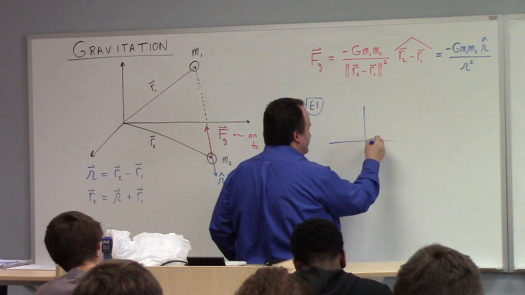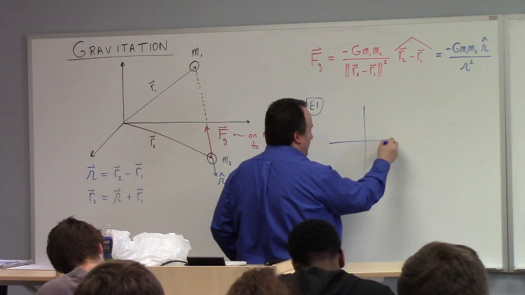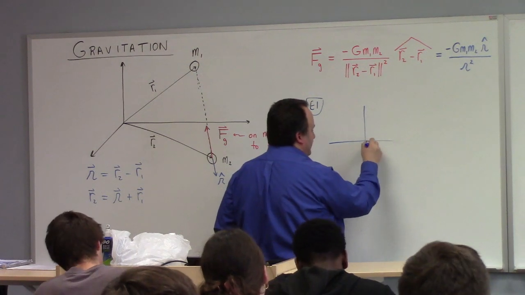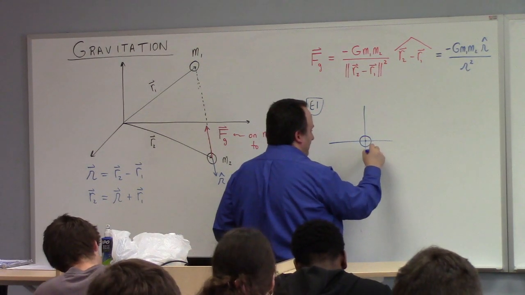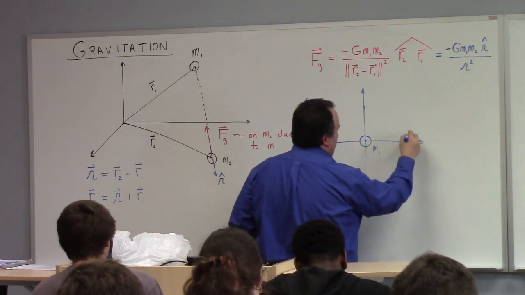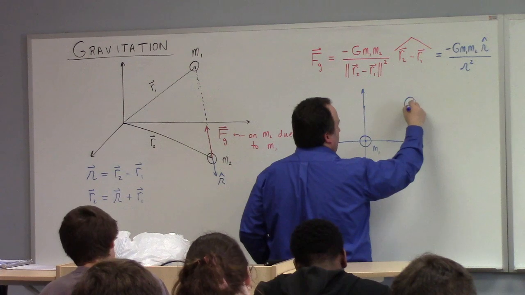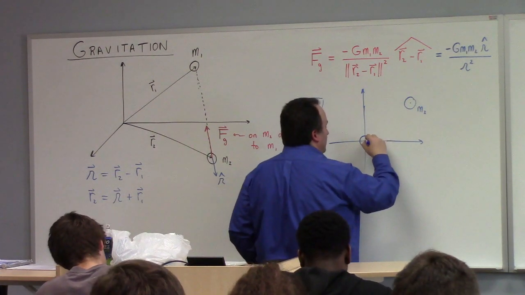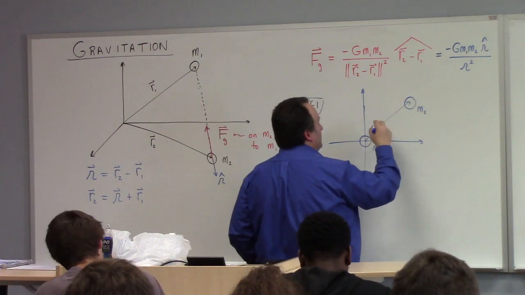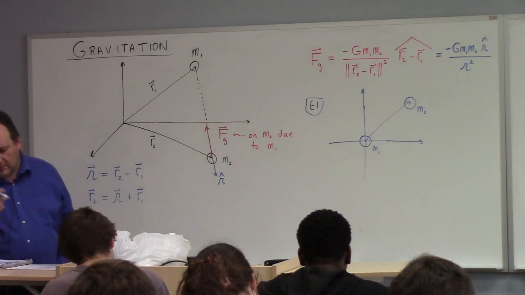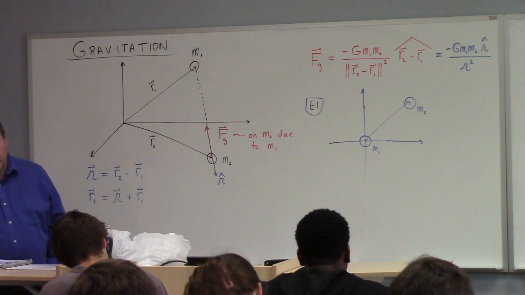I'll put M1 at the origin, all right? And in that situation, if M2 is out here, then we don't need R1 and R2 at this point.